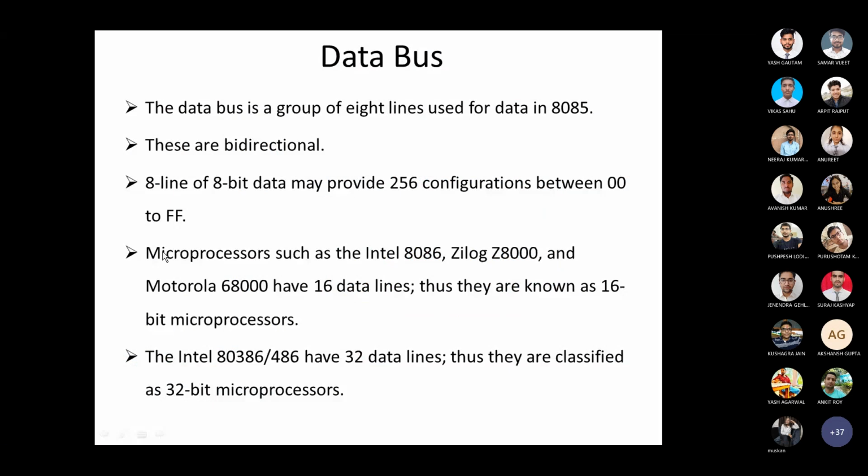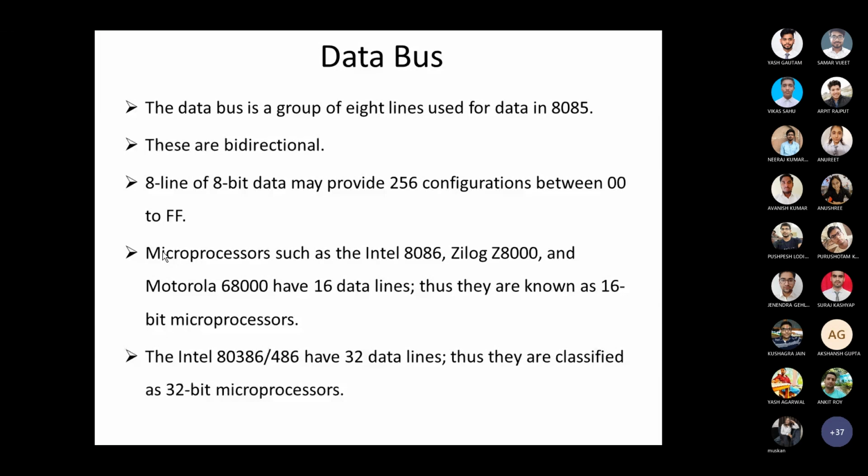Some other microprocessors are also there which use 16-bit data lines, like Intel 8086, Zilog Z8000, and Motorola 68000.